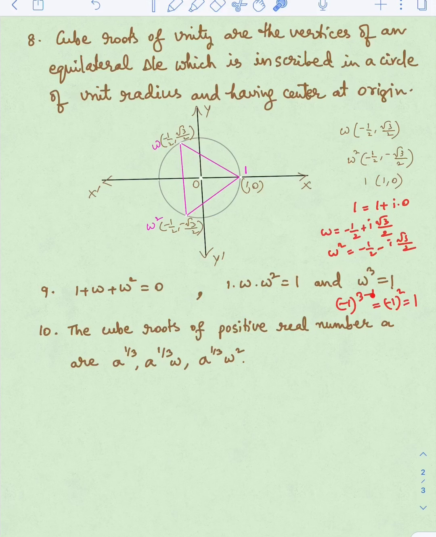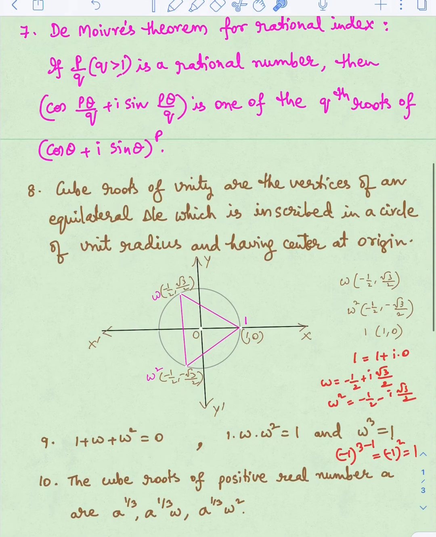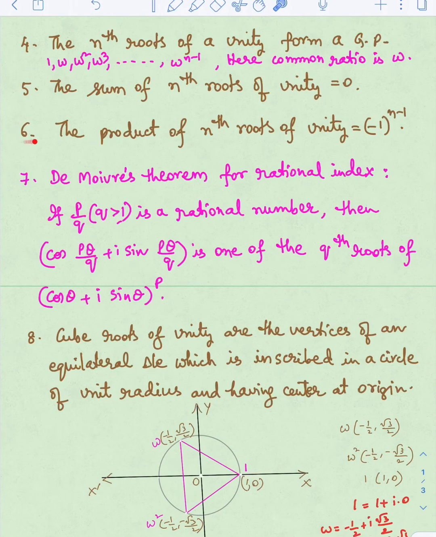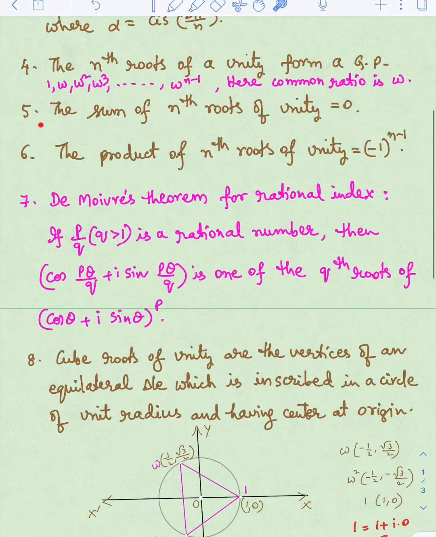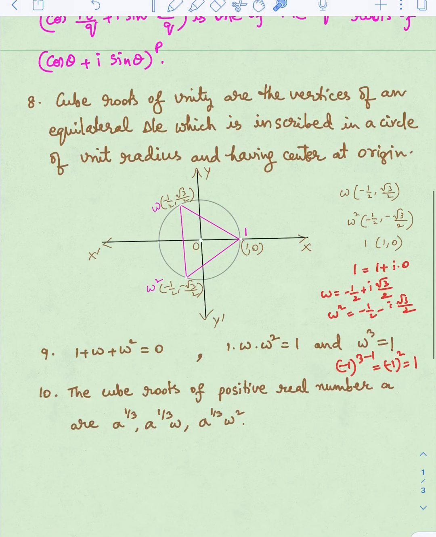You can see this formula which is said now in the 6th point: product is minus 1 whole power n minus 1, so you get 1. And also in the same 5th point, the sum of nth roots of unity is 0. So here, for cube roots of unity, the sum is 0. Sum means plus.